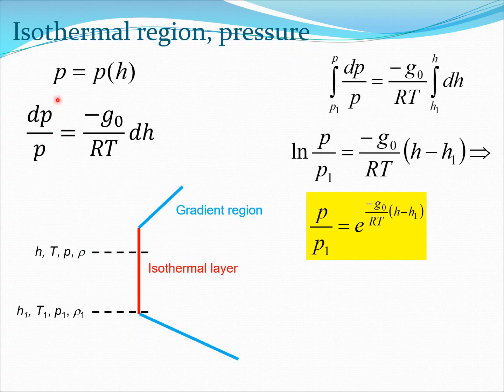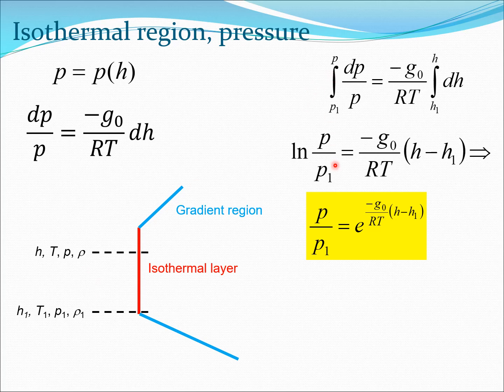So let us first get the relationship between pressure and height. Pressure is a function of height. I had this equation in the previous slide. Now I integrate this, and I will assume that there is an isothermal layer, in which case I can go from P1 to P and H1 to H. The subscript 1 is the bottom part of this layer, and the no-subscript case is the general location in this layer.